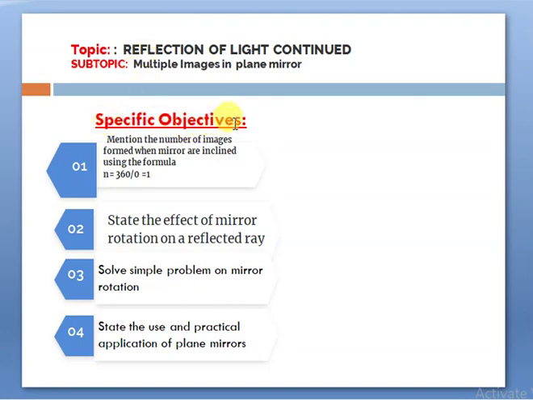By the end of this lesson, my students will be able to, number one, mention the number of images formed when mirrors are inclined using the formula n equals 360 over theta, minus 1. Secondly, state the effect of mirror rotation on a reflected ray.